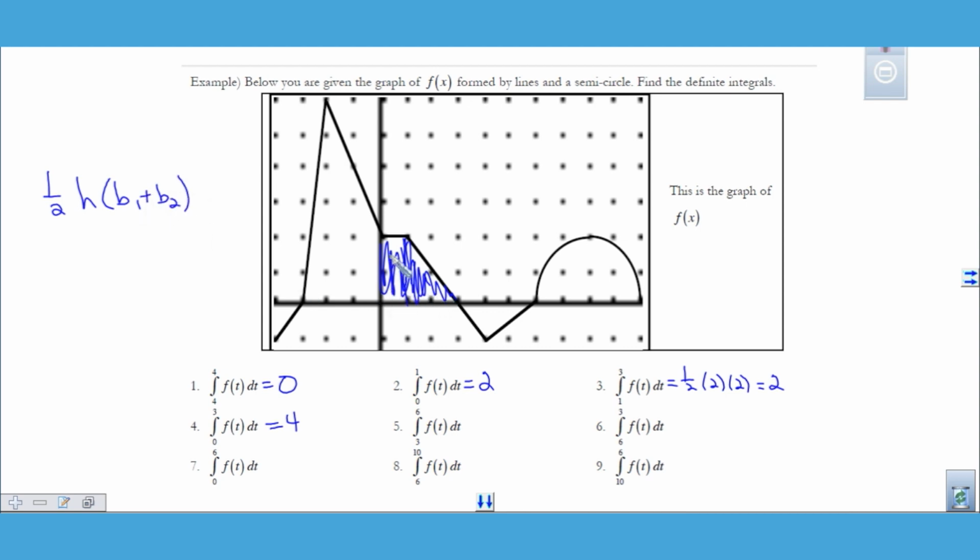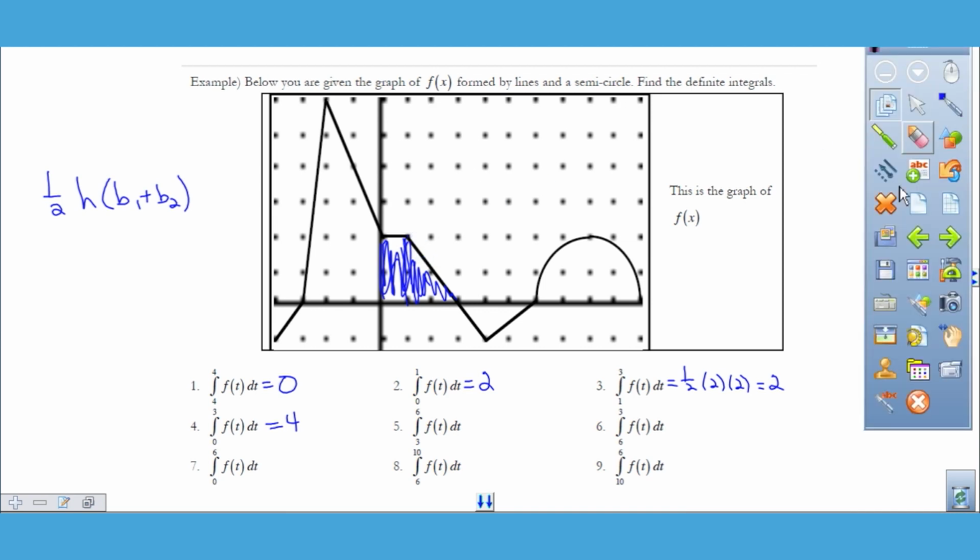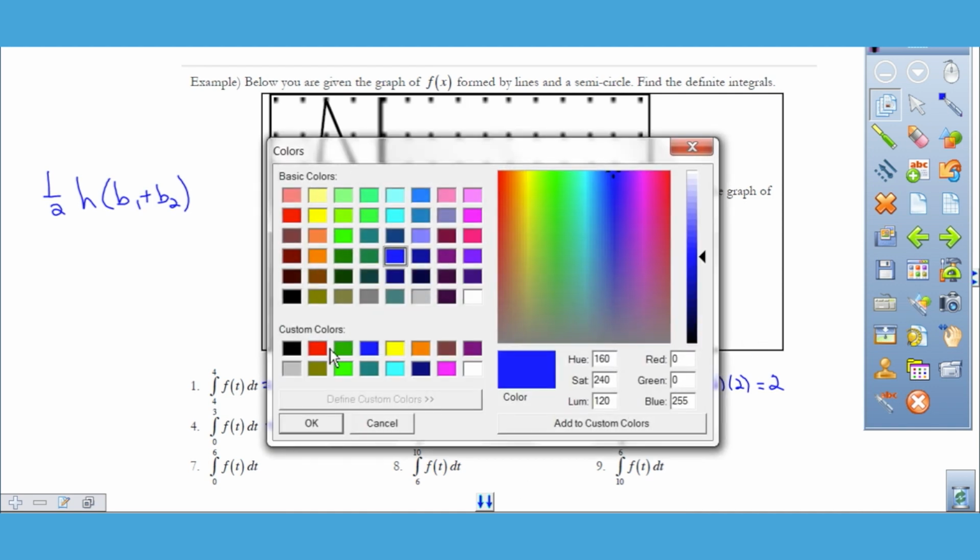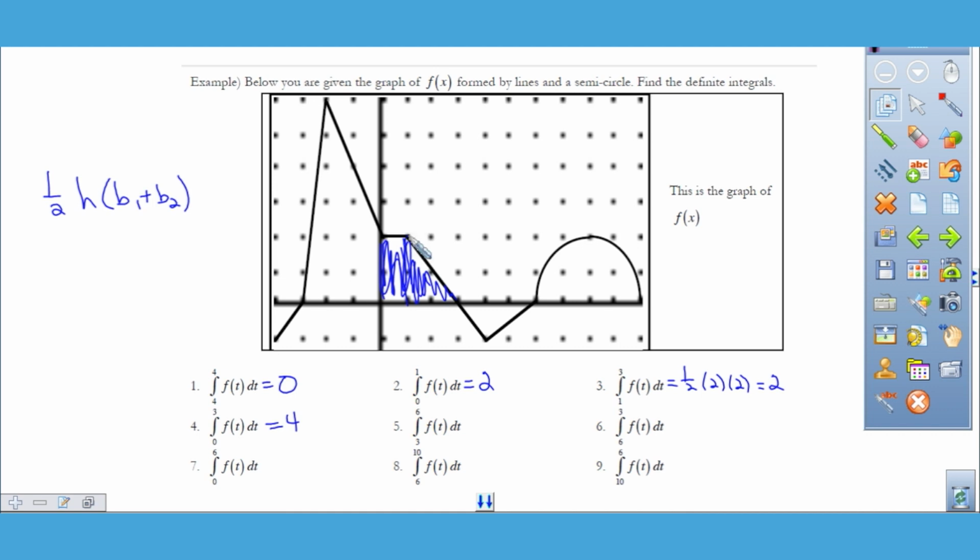So in this case, the height of this particular trapezoid is, let me get a different color, I'd like red, please. Those are your bases, and your height is right there.